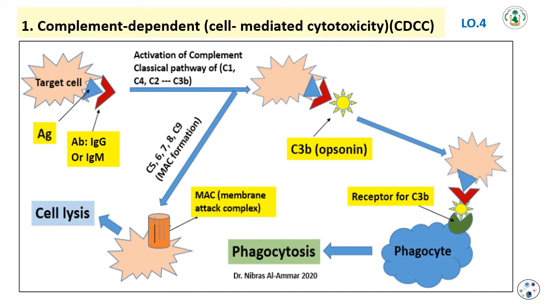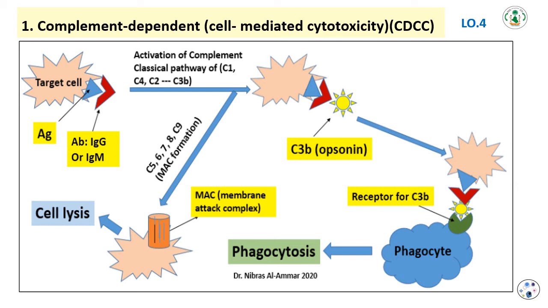This leads to activation of the complement classical pathway through C1 to C4, C2, in order to activate and split C3 into C3b. C3b, as an opsonin, will bind with the target cell.